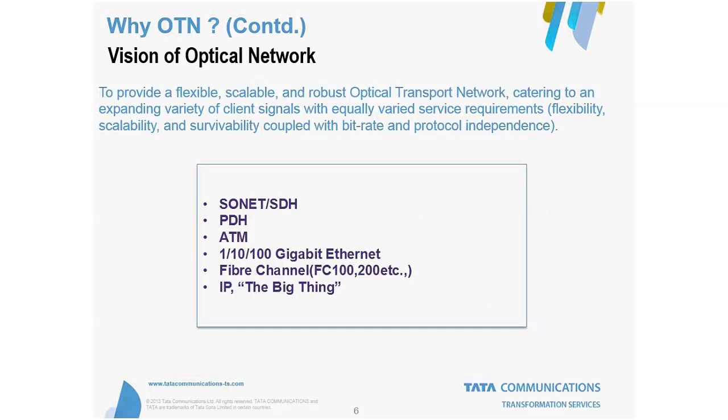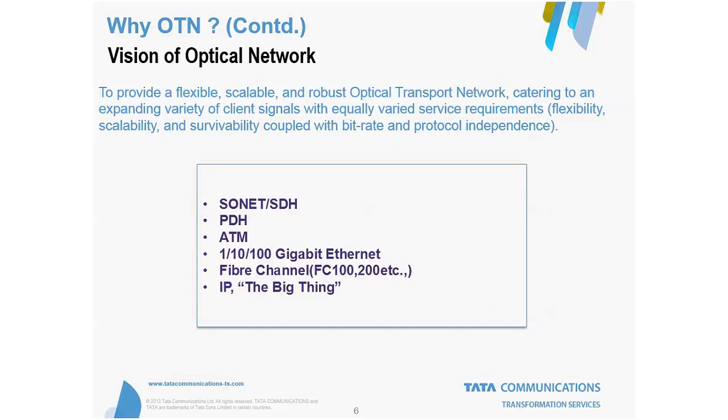They also developed a strategy, and that's why we have mentioned the vision. The vision of the optical network is to provide a flexible, scalable, and robust optical transport network which will support a variety of client signals with various data rates.